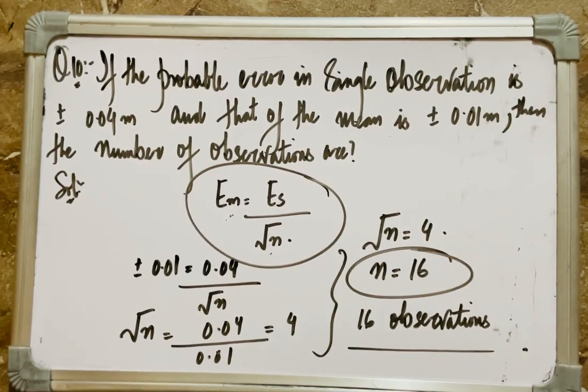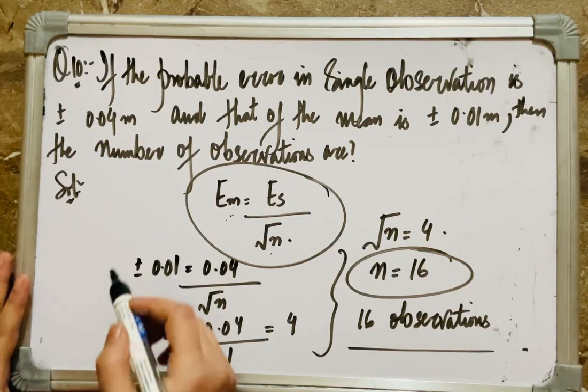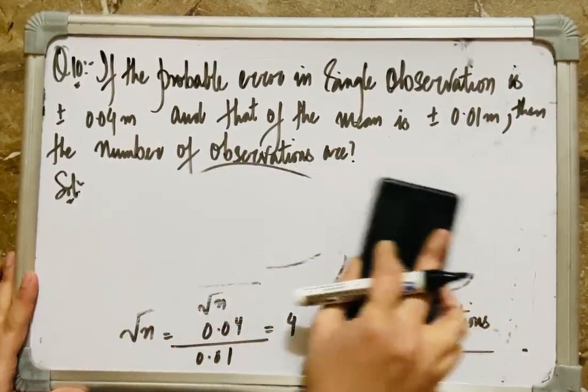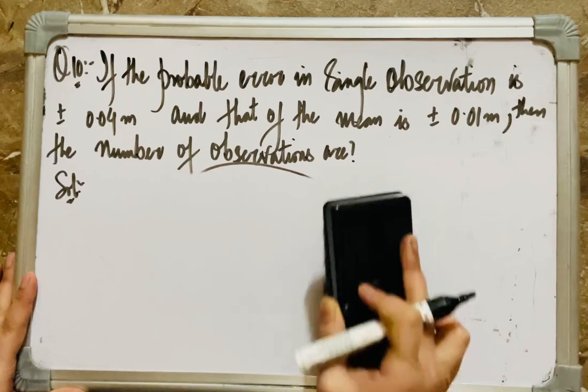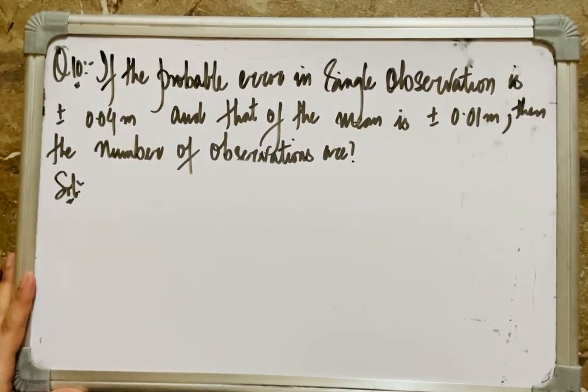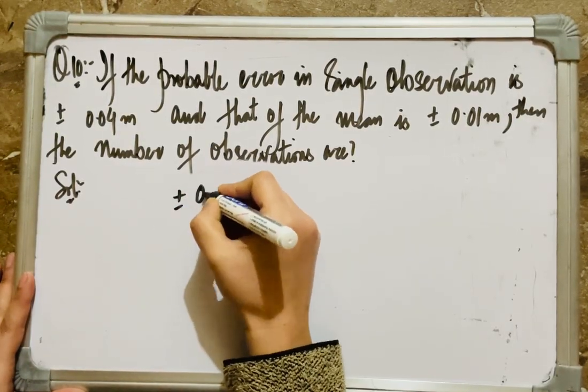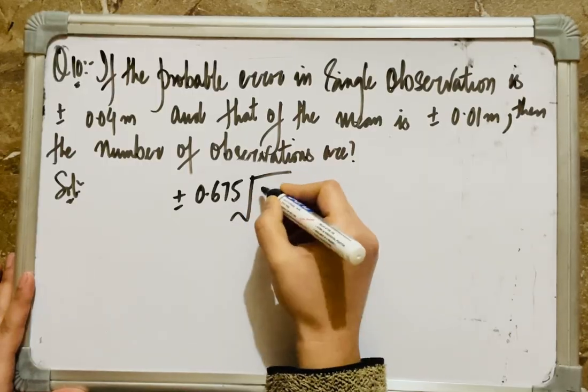So this was about the probable error of the mean and the probable error of the single observation. We know that the most probable error of a single observation is plus minus 0.6745 times standard deviation.